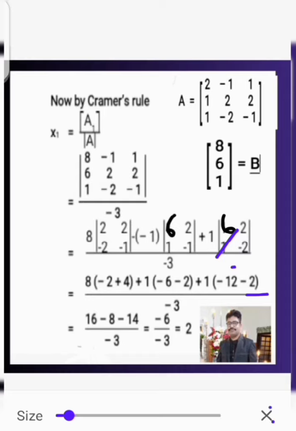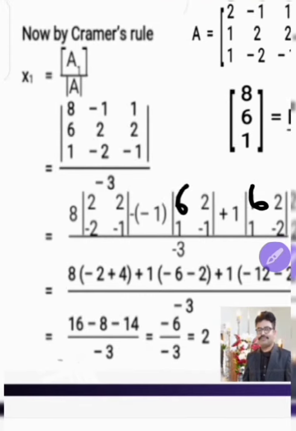Now we will solve the values. 4 minus 2, we will get 2. 2 multiplied by 8, I have written 16. Minus 6 and minus 2, minus 8. Minus 8 we will multiply with 1, we will get minus 8. Now minus 12 and minus 2, we will get minus 14.